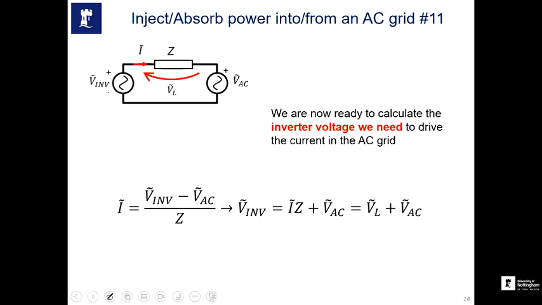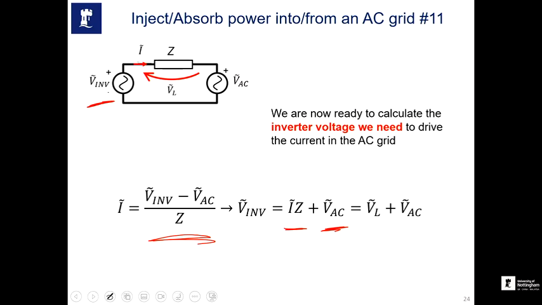Okay, so also once we get the current, we can calculate the voltage we need for the inverter. Simple equation, because current is V inverter minus VAC divided by Z. So from that we can calculate V inverter is IZ plus VAC. Again, VAC, the second term, is normally fixed.